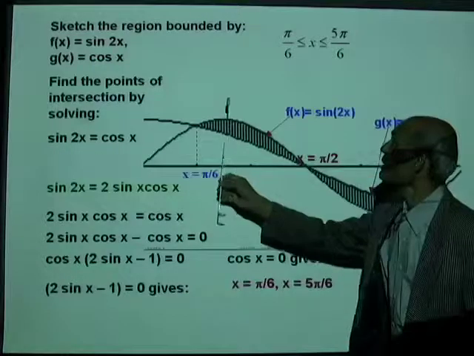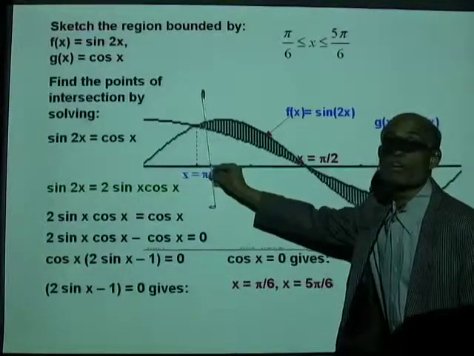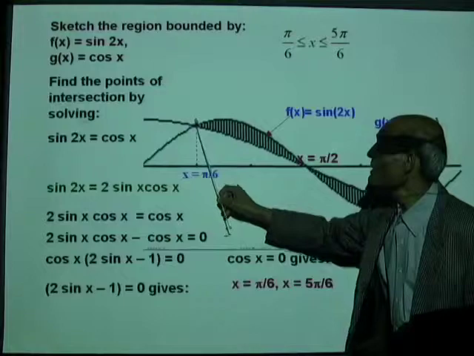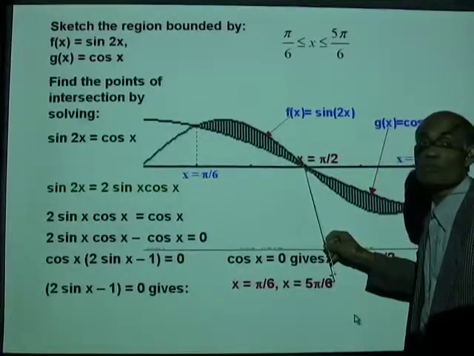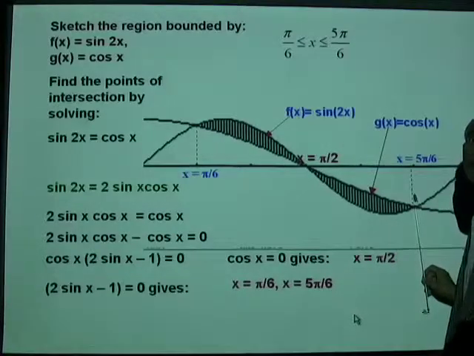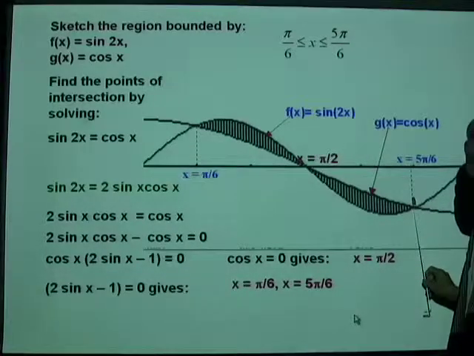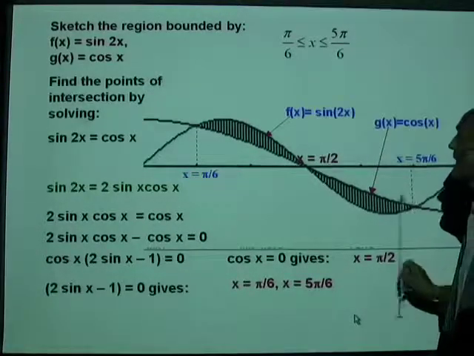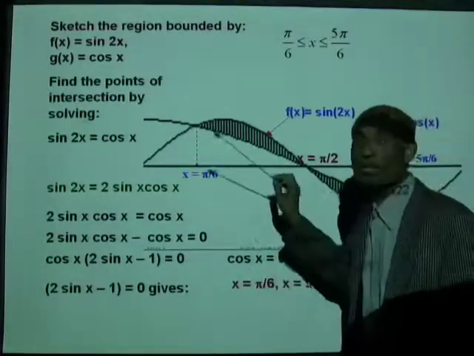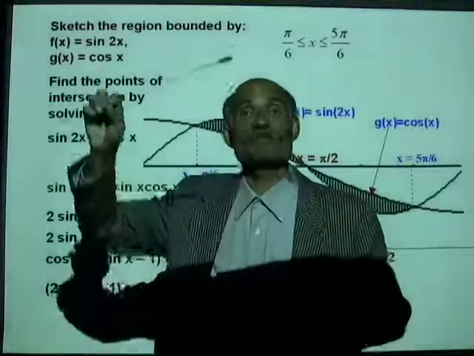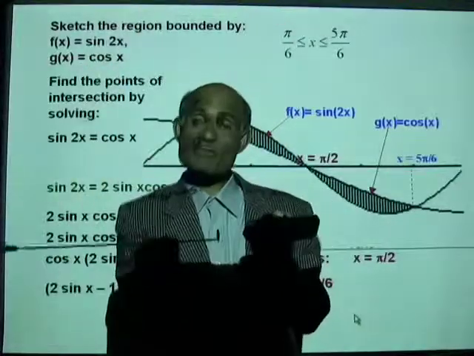So, if you now look, you have 3 points of intersection. Point corresponding to x equal to pi by 6, point corresponding to x equal to pi by 2, and a point corresponding to x equal to 5 pi by 6. And so, how do you find the enclosed area? Now remember, these are functions of x, which means the upper function minus the lower function.